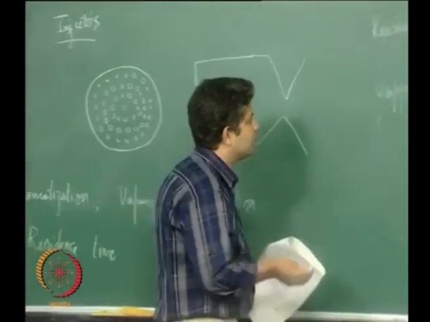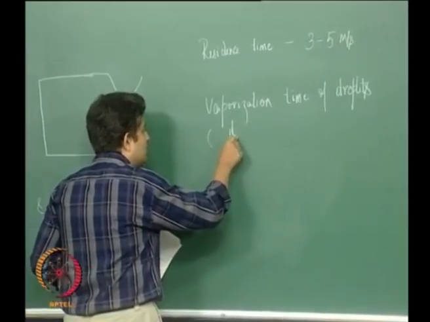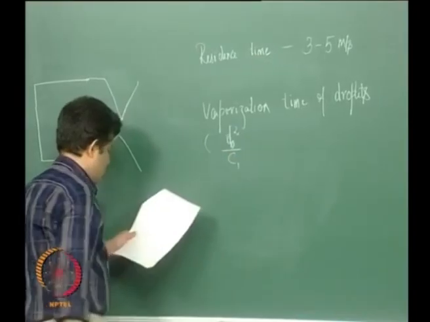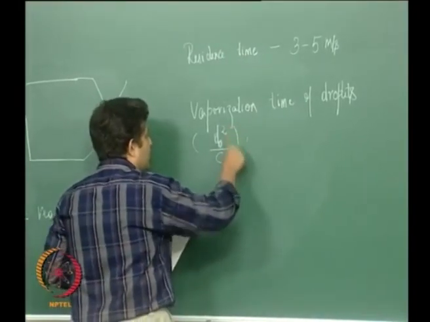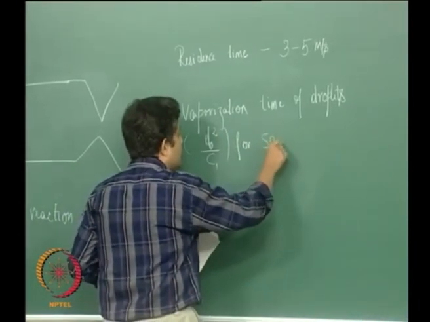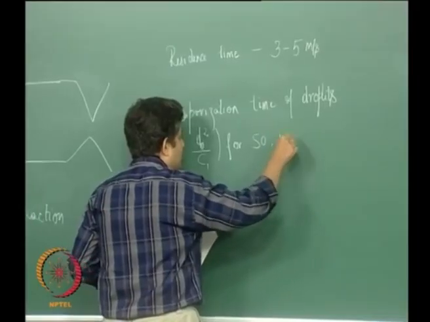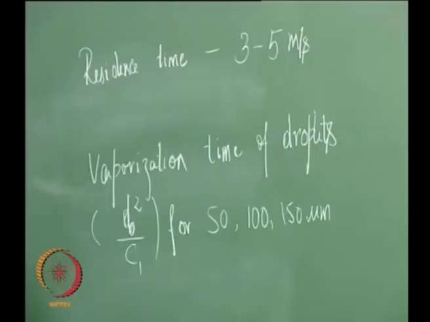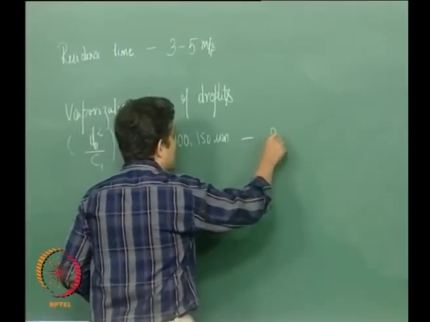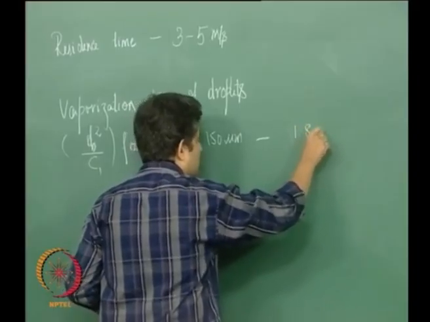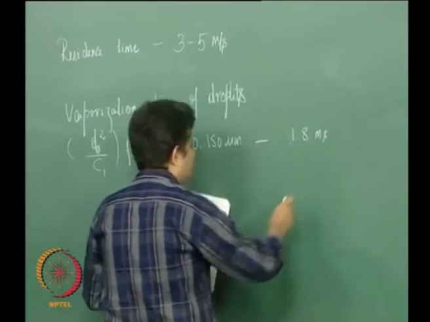So it goes as something like d naught square by d1, and for 50 micron, 100 micron and 150 micron droplet size, the time for vaporization is something like 1.8 millisecond.